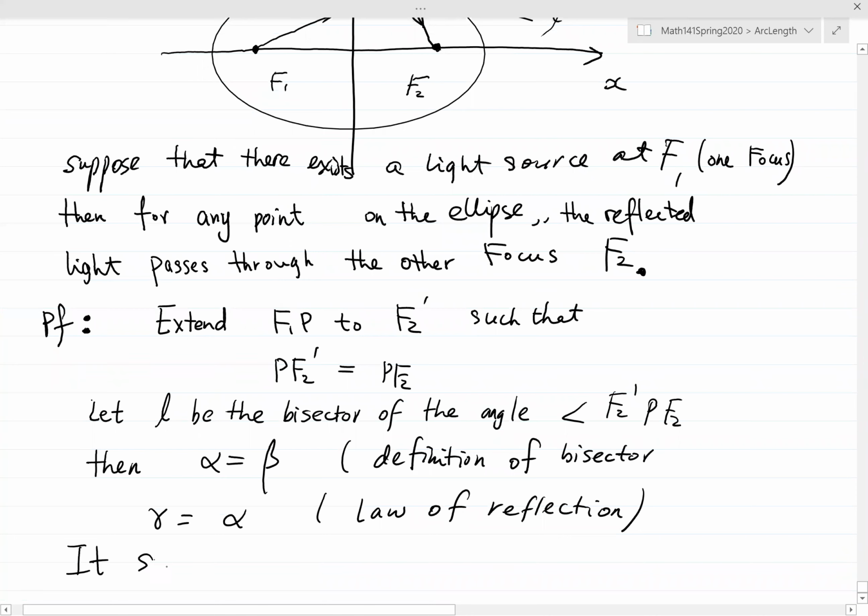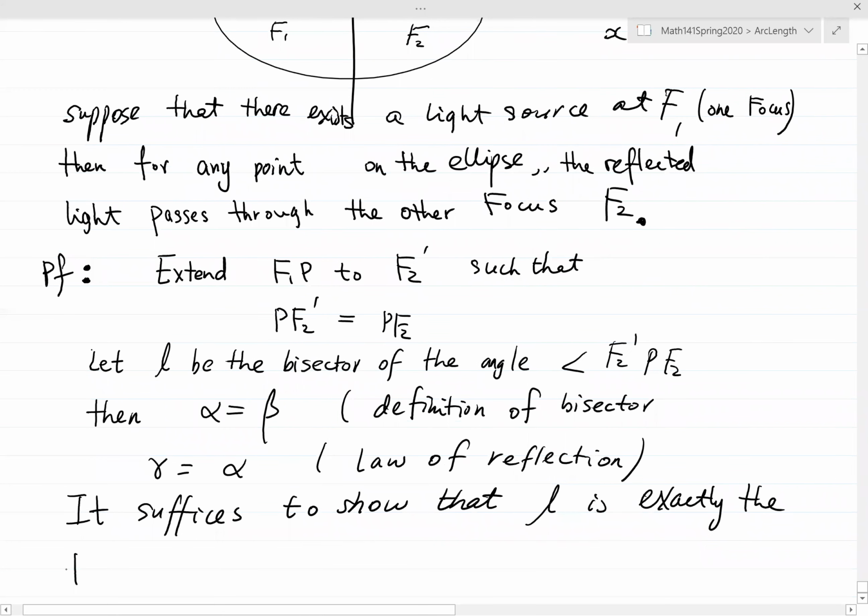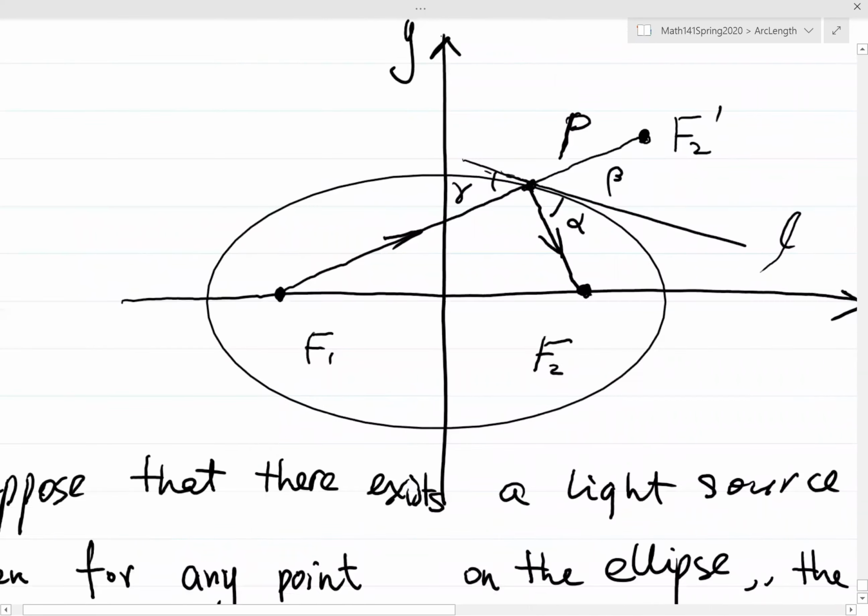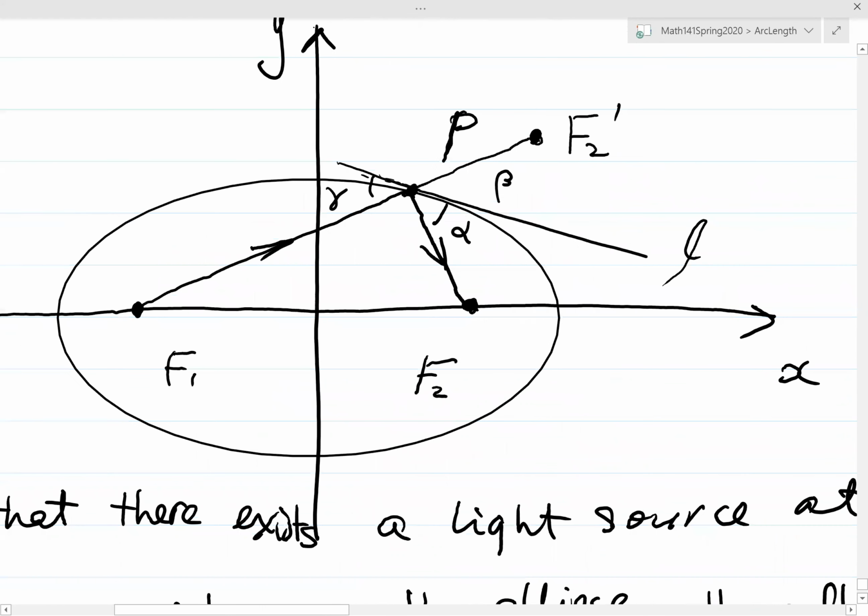It suffices to show that L, the bisector, is exactly the tangent line to the ellipse at P. So we need to show that L is a tangent line.